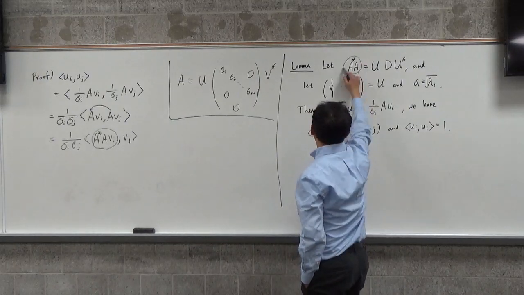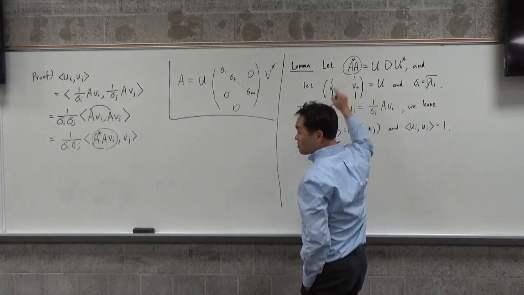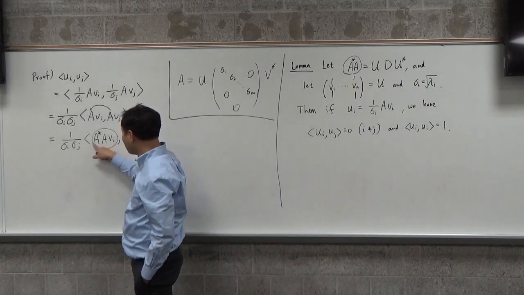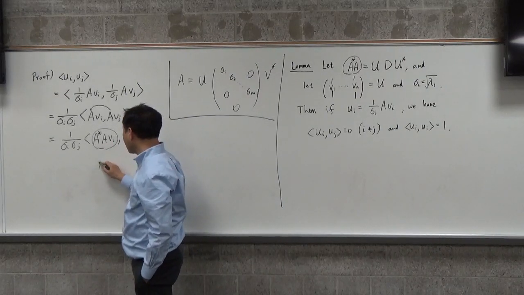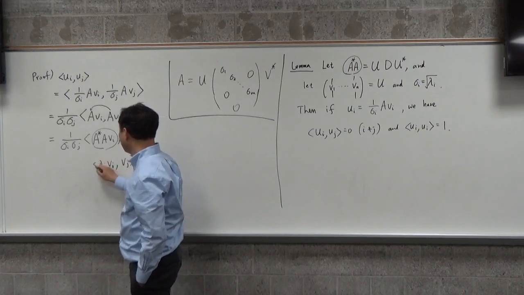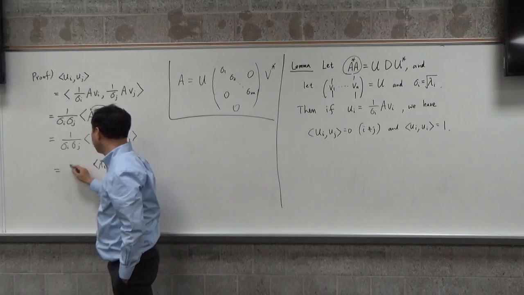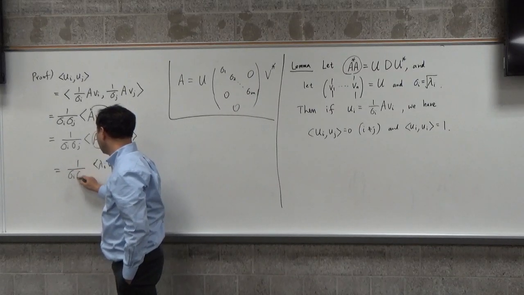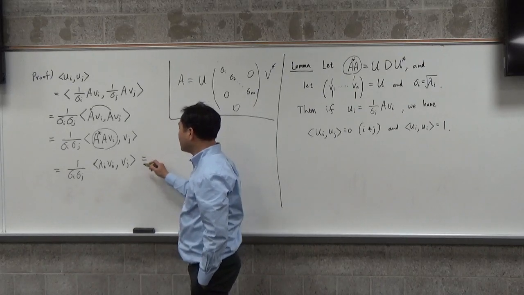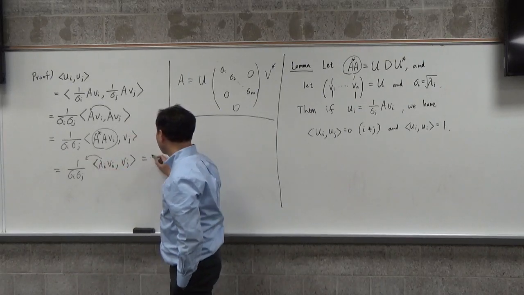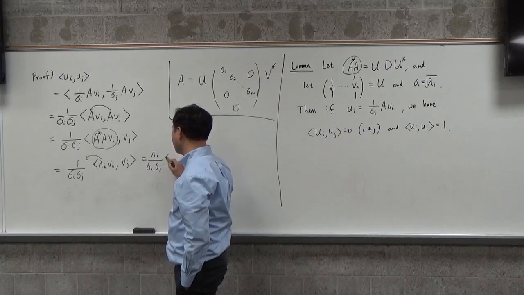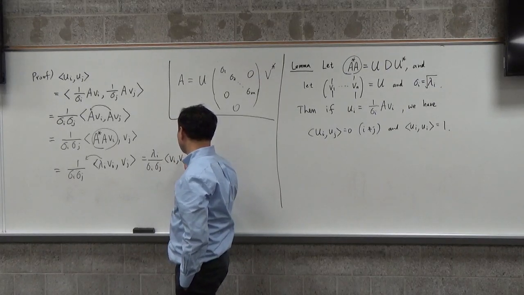Not the diagonal. It's this matrix. Since Vi is an eigenvector of this matrix, it must be lambda I Vi. And then let's move this out. So you have lambda I over sigma I sigma j, inner product of Vi and Vj.